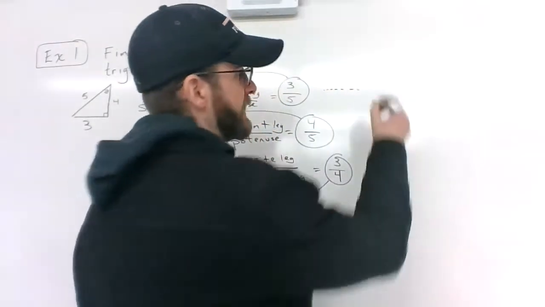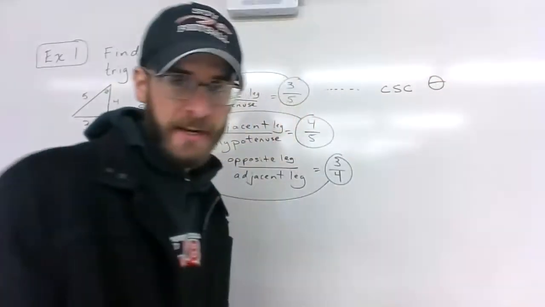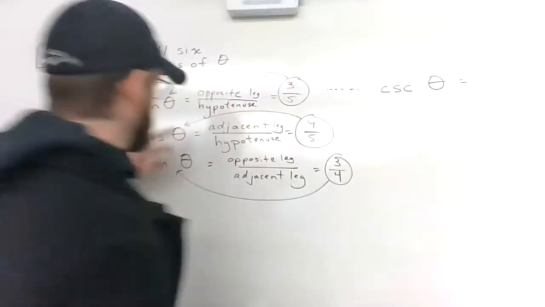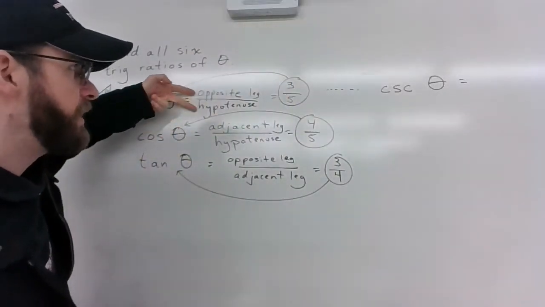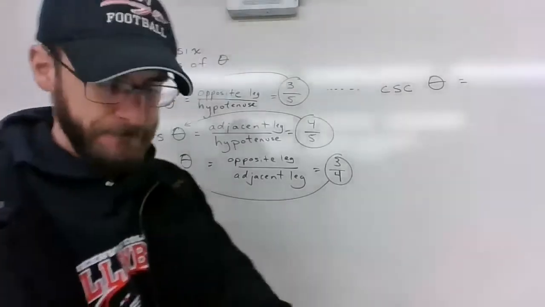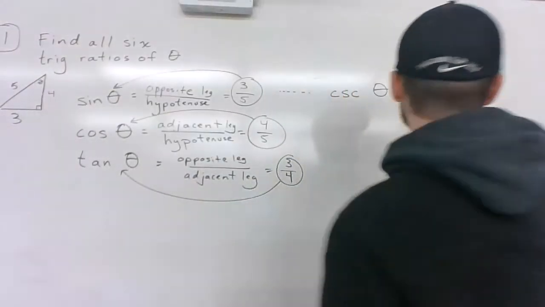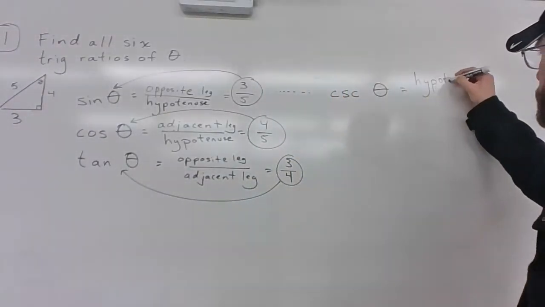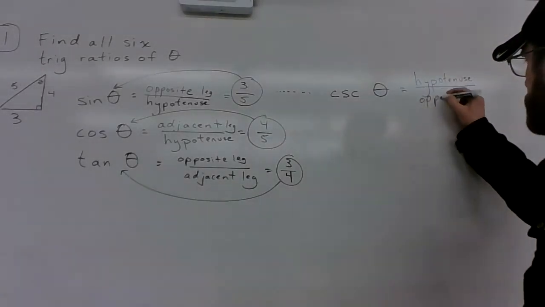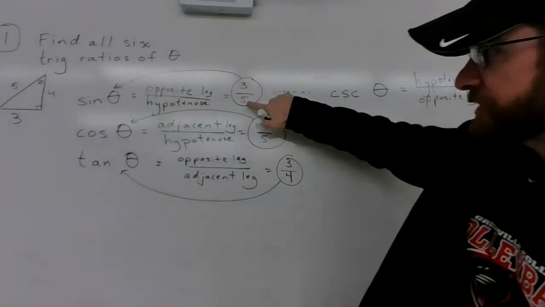It's abbreviated CSC, cosecant of theta. And the cosecant of theta is equal to the hypotenuse divided by the opposite leg. It's just the flip of sine. So hypotenuse divided by opposite leg. So it's 5/3.